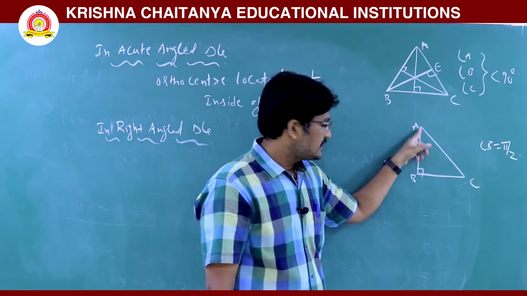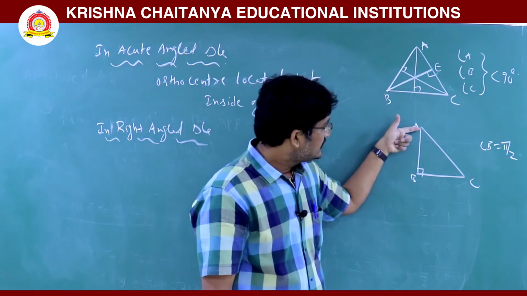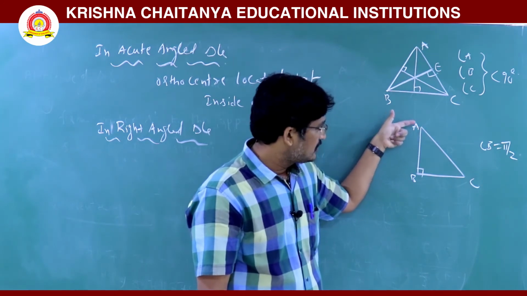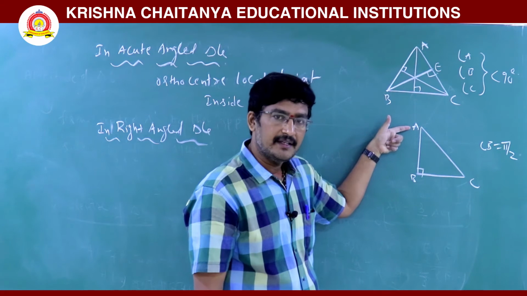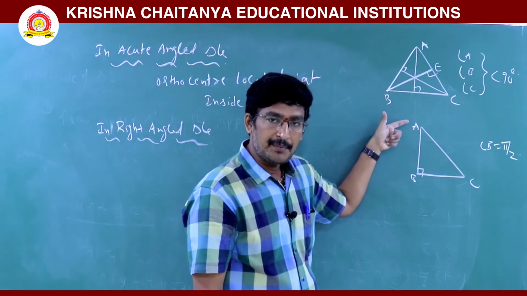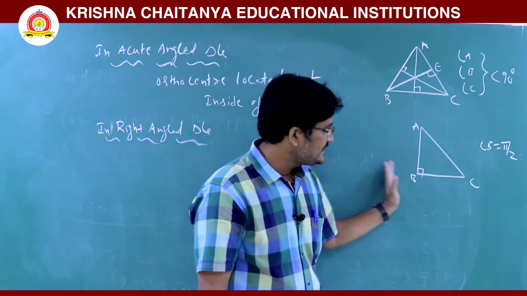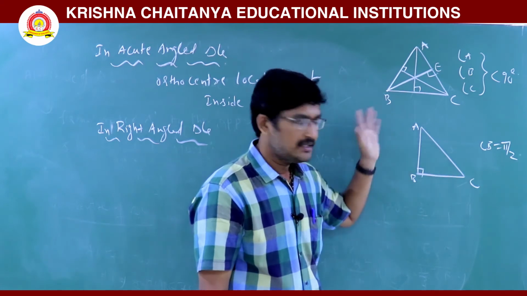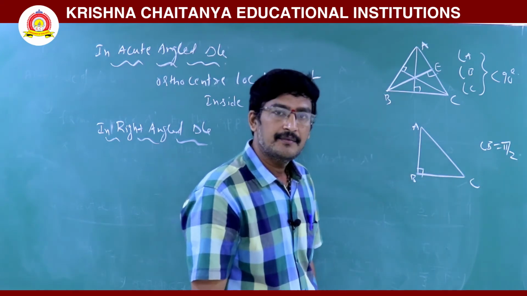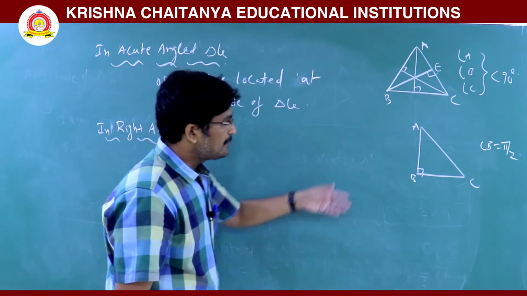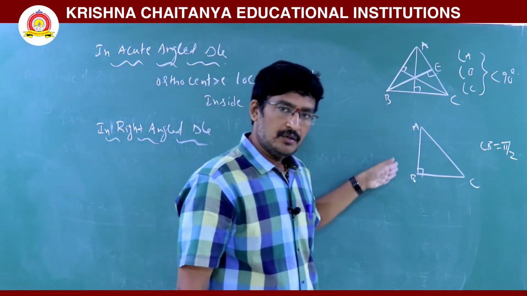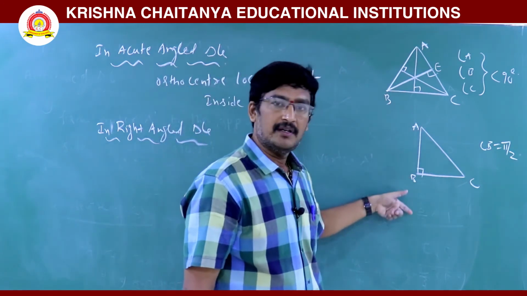Here you have to look carefully. If this is A, we have to draw the perpendicular line from A to the BC bar. It is nothing but AB bar. That means the perpendicular line through A to the BC bar is AB bar.